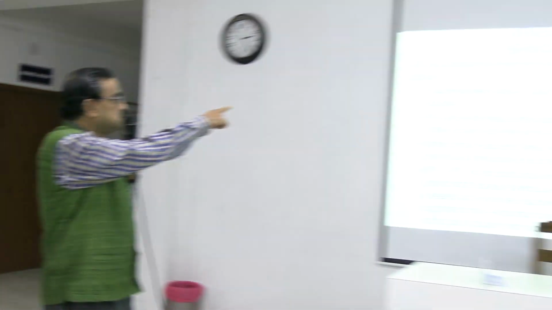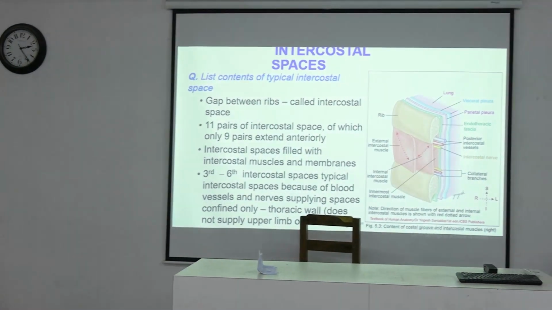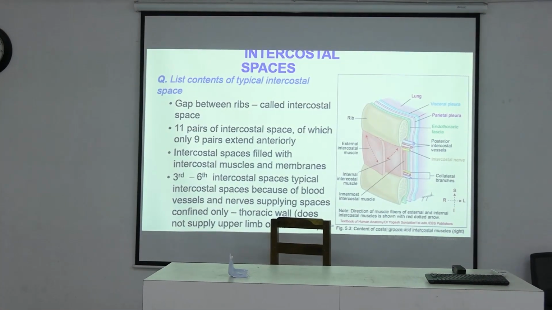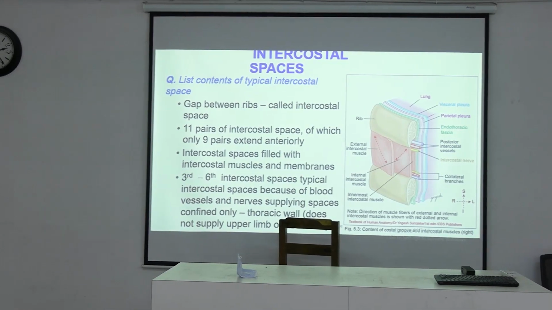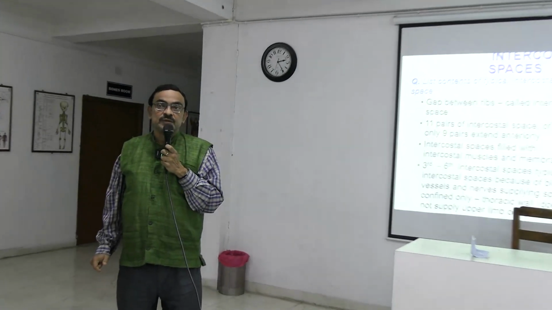Actually, we know the vein, artery, nerve, the neurovascular structures, are present in between the internal intercostal and the innermost intercostal, that is the intercostalis intimus muscle.